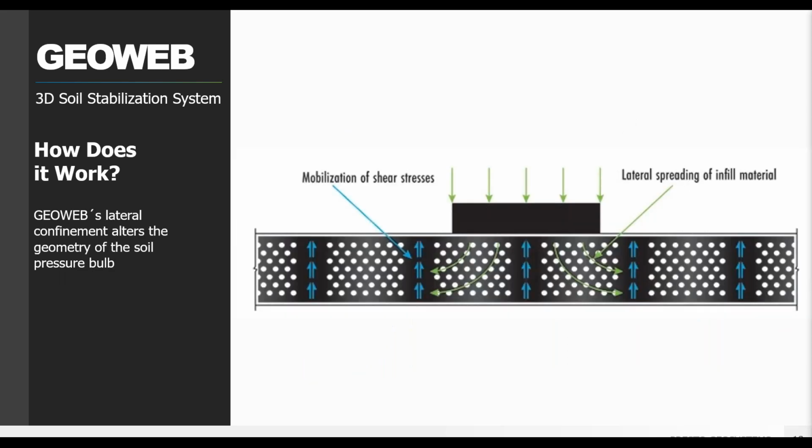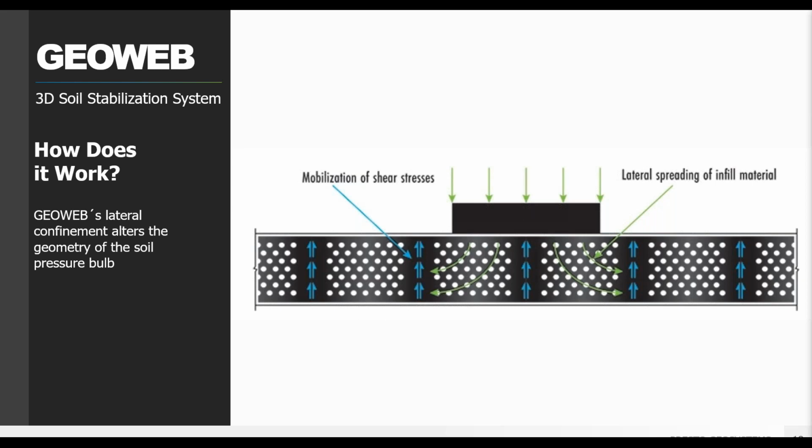So getting a little bit deeper into how that works, the GeoWeb geocells can alter the geometry of the soil pressure bulb beneath the applied load through that mattress effect. And so that soil pressure bulb is the stress level that we saw in just that previous slide.